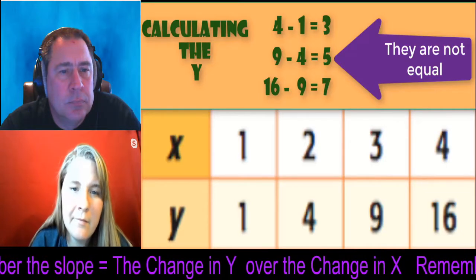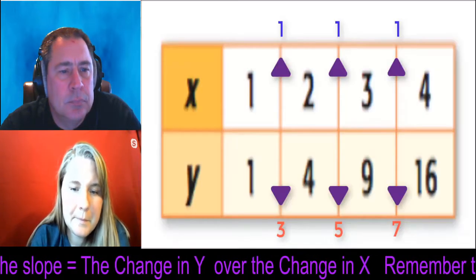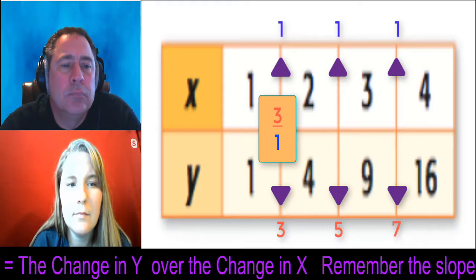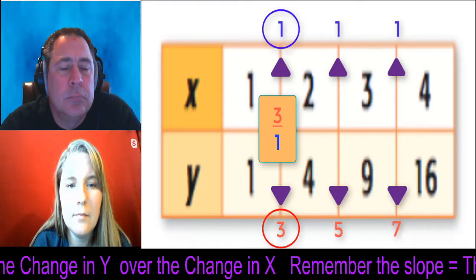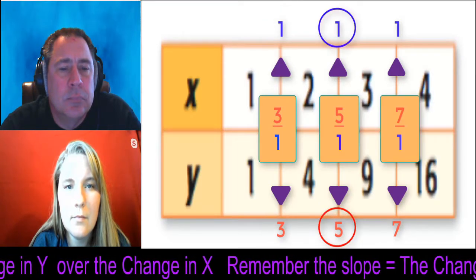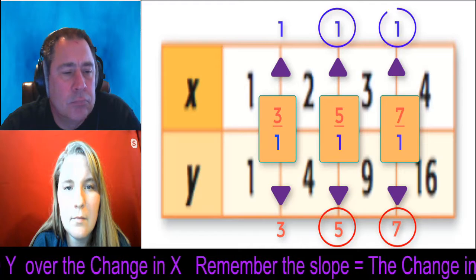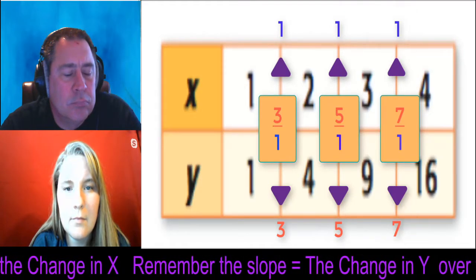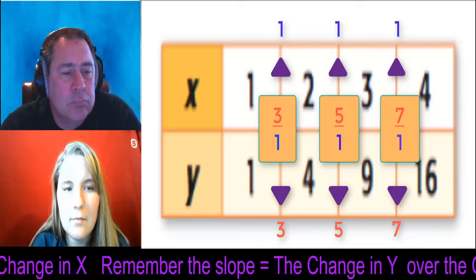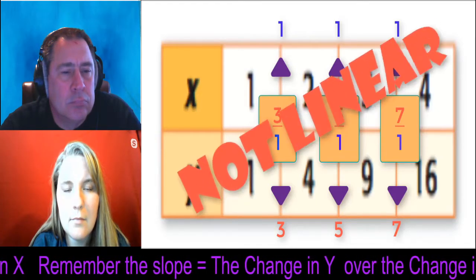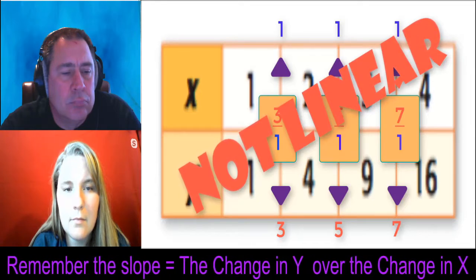If we look at the slope of these, you would take y divided by x: the first one is 3 over 1, the next one would be 5 over 1, and the last one would be 7 over 1. You can see they would not be the same number. So this is definitely not a linear line on your graph. Okay, let's try a few more and see how we do.